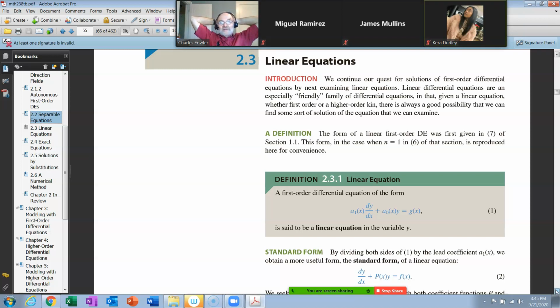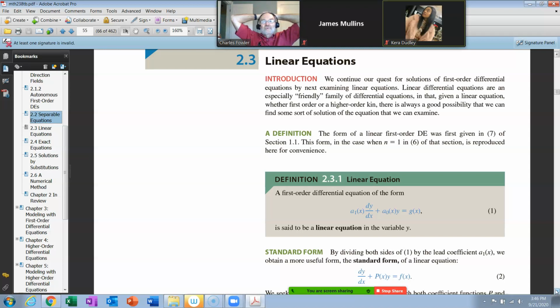Now some of these linear equations may be solvable by separation of variables. If so, we can check them that way. But we're going to go through and treat these, especially those that aren't separable. We're going to develop a technique to solve any linear equation, and then we'll compare that with the ones that we can do separable. All right, so we'll pick up and go from there next time.